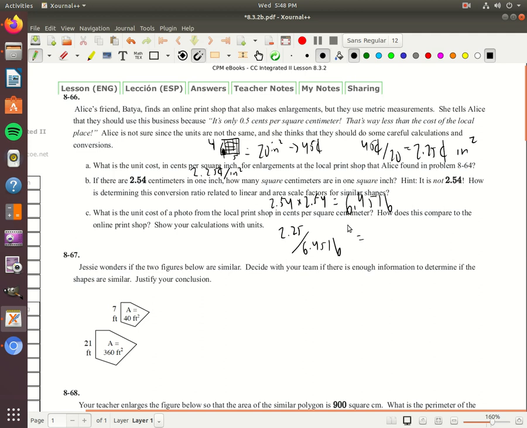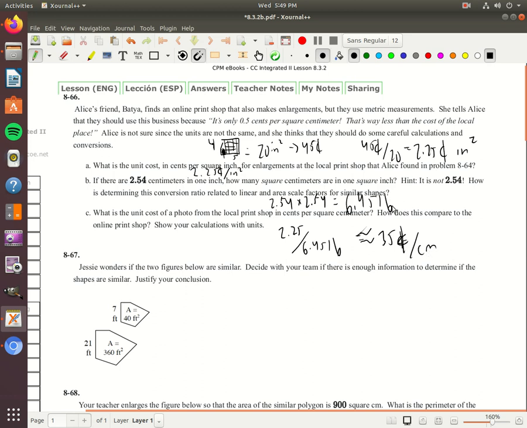If I divide that, I get 2.25 divided by 6.4516. I'm going to get about 35 cents.